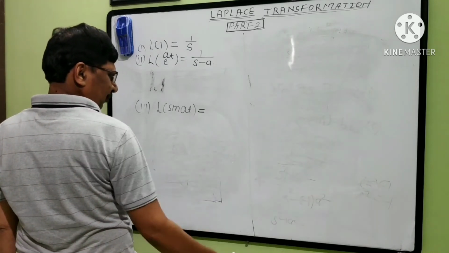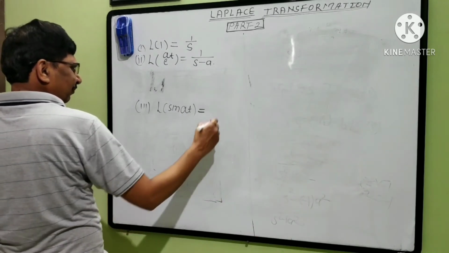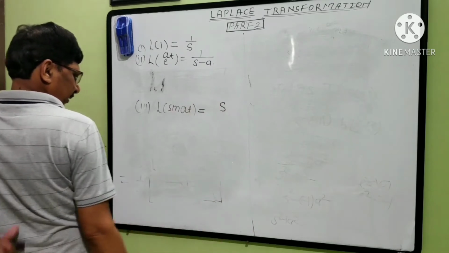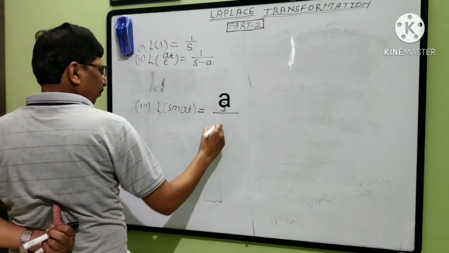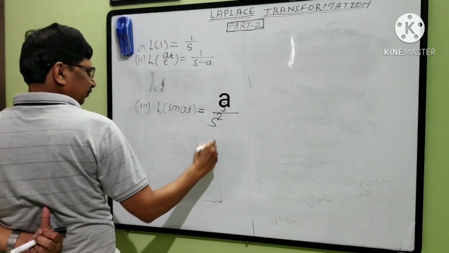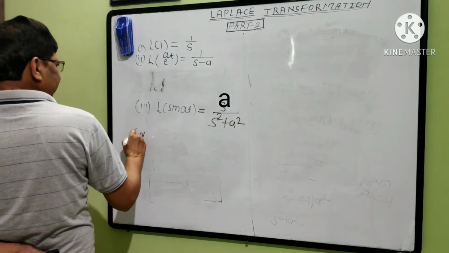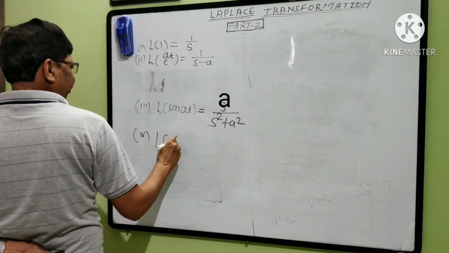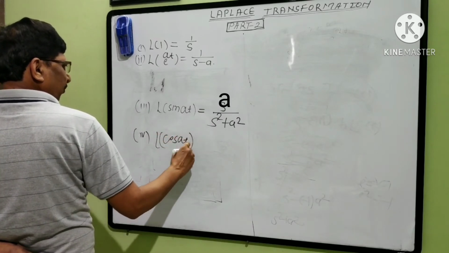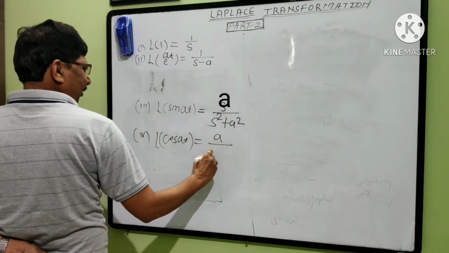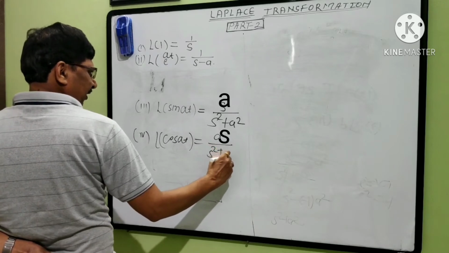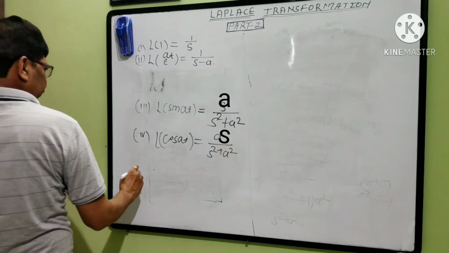In sine, it was a upon s square plus a square. In cos, there was s upon s square plus a square.